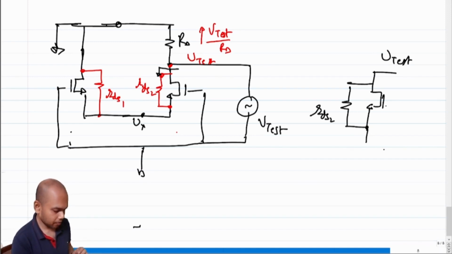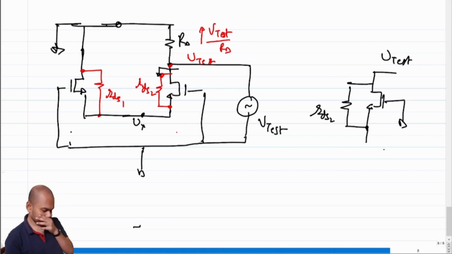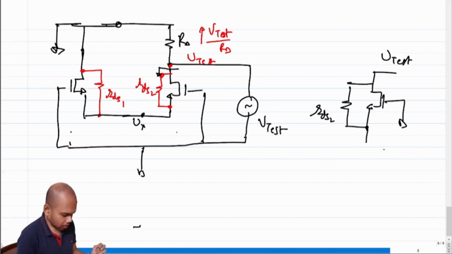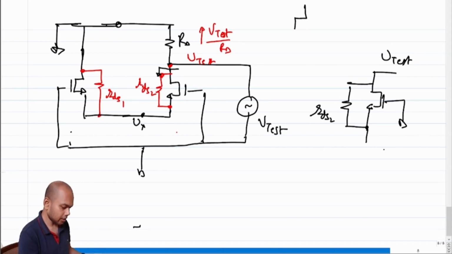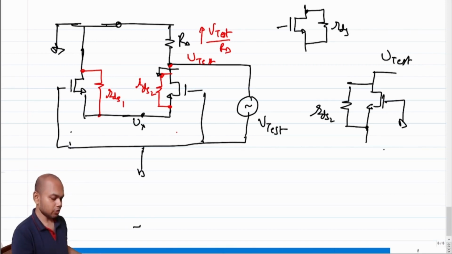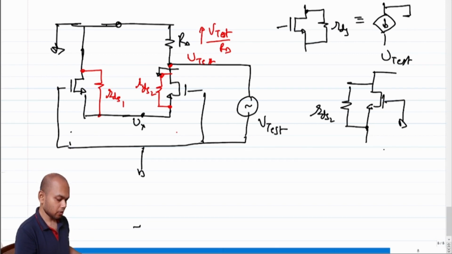Note that when I sketch a transistor and place RDS here, what I am essentially assuming is that the structure is equivalent to this.